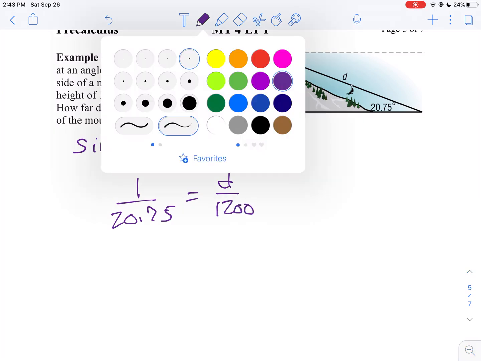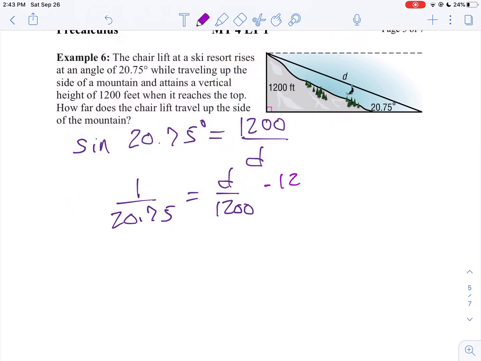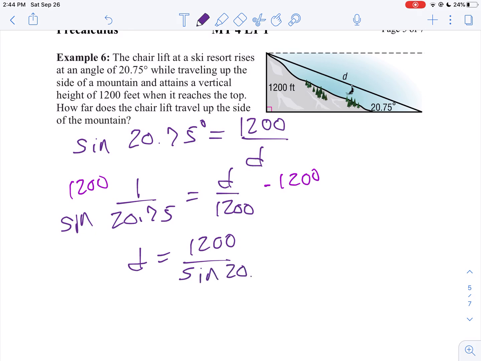Then to solve that, we'll multiply both sides by 1,200. So we'll get D equals 1,200 over, oh, I forgot my sine in there, over the sine of 20.75.